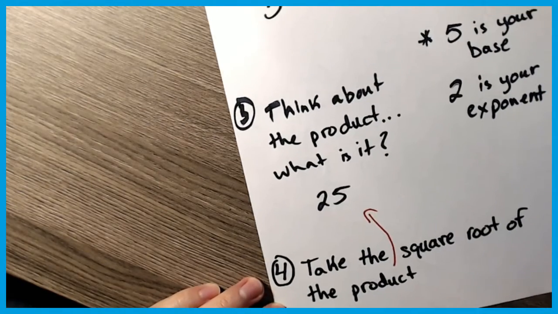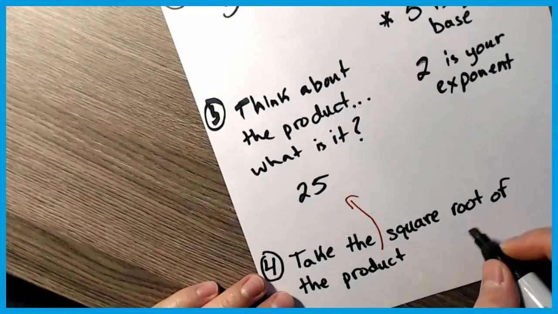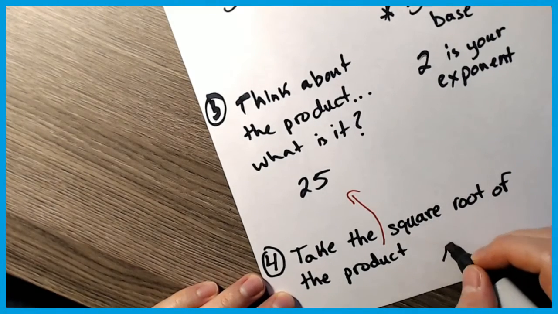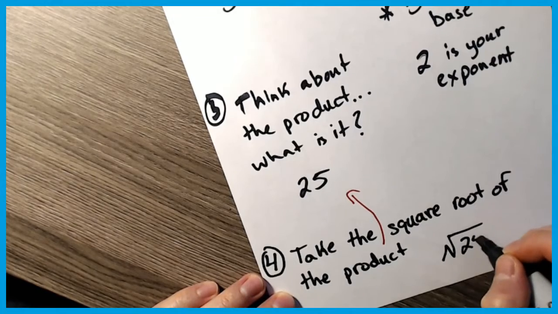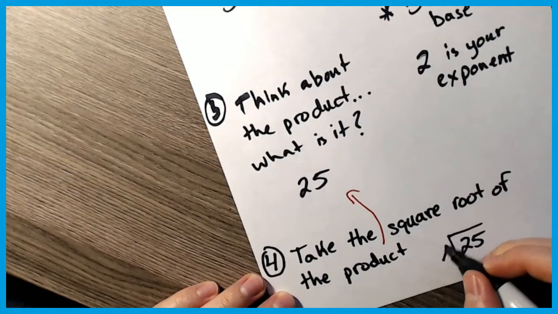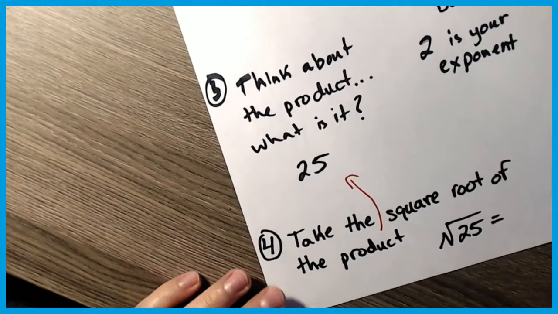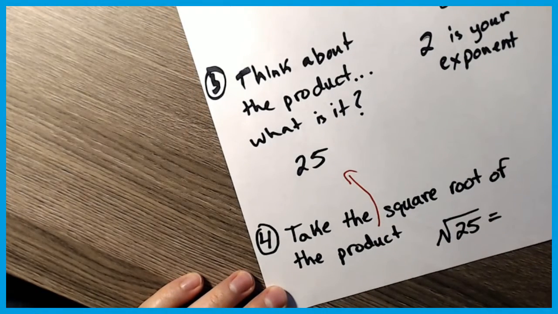So how do we do that? How do we take a square root? The syntax, the math symbols that we would use are this. That's a square root. It's a radical. Square root of 25 equals, well, what's the square root?